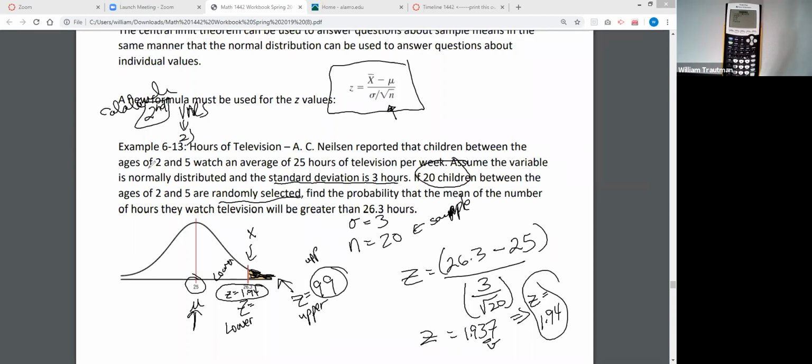Let me look at number 2 again. Second vars, number 2, normal CDF. Hang on, I messed this all up. There we go. Second vars, normal CDF.